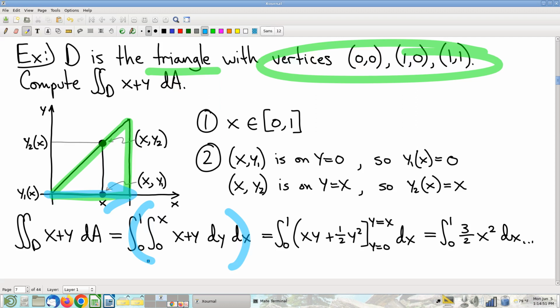But the second reason the picture is important is, again, I emphasize, you have to communicate your reasoning to the grader. Pictures really help to communicate why you wrote down what you wrote down. Even if you can do it in your head, we need to get into your head to see what your reasoning was, and the picture is a great way for you to communicate your thought process. Okay, so x goes from 0 to 1, yeah?